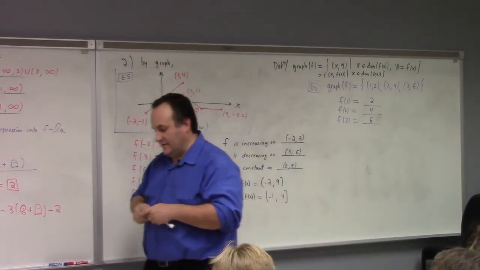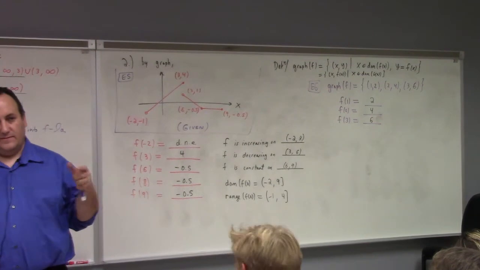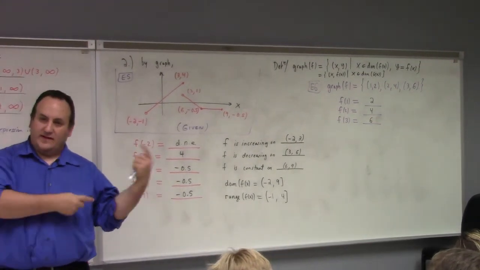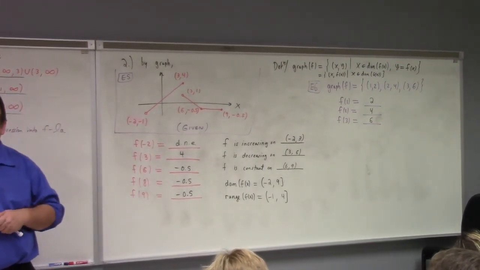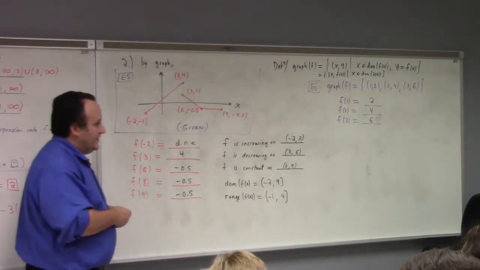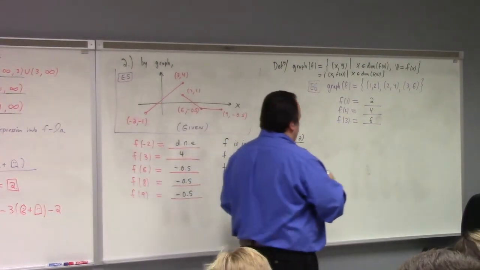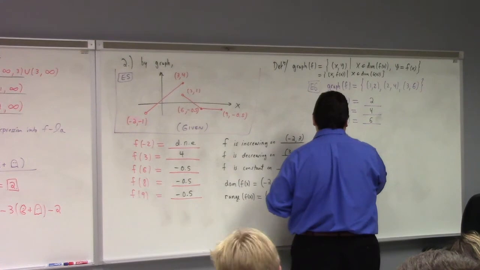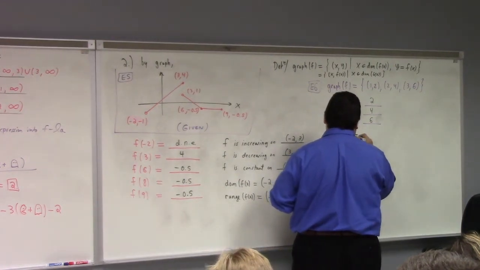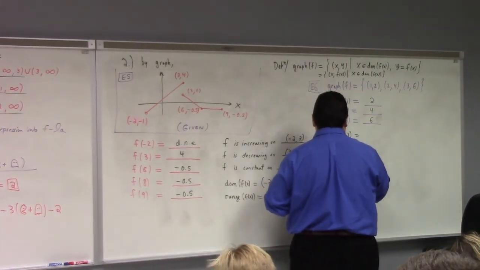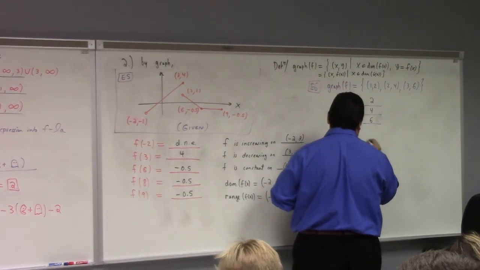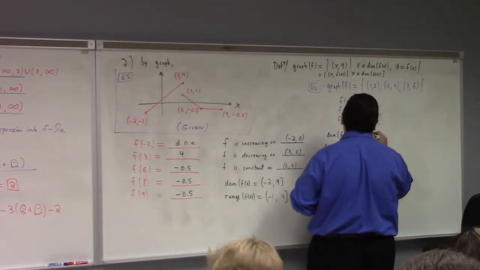So if we give a list of pairs, the first thing in the pair is the x value. The second thing in the pair is the y value, right? That's the other way of talking about it. Example 6, what's the domain? What's the range? What's that? From 1 to 3.